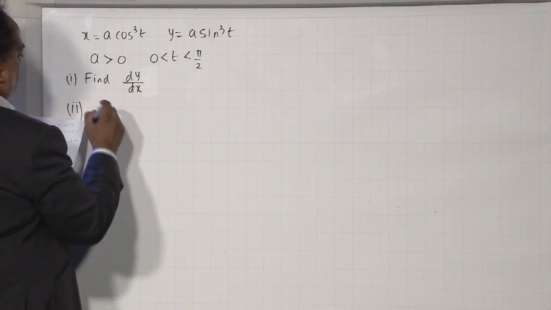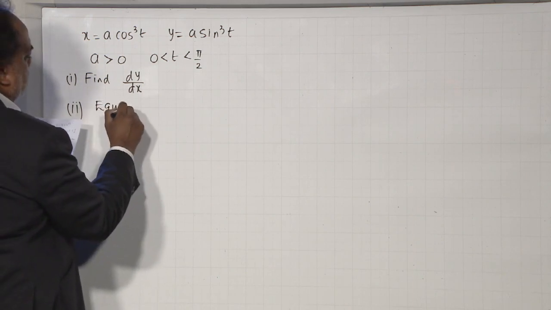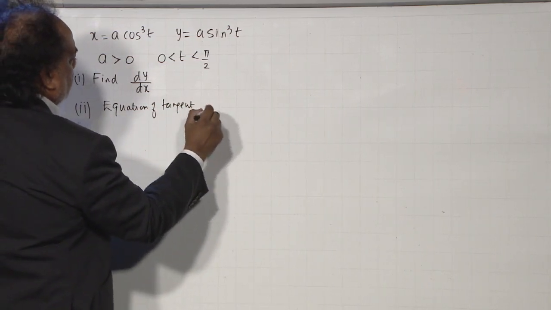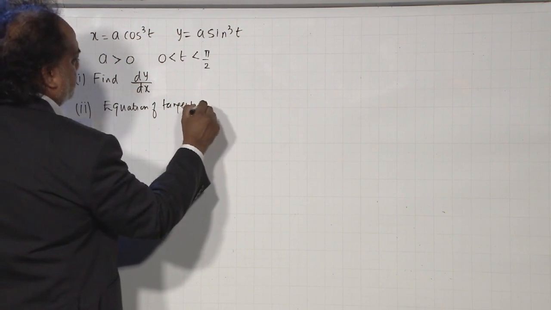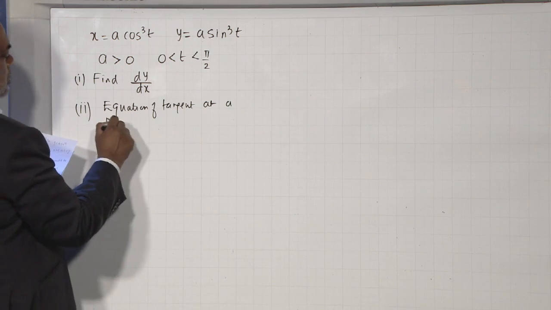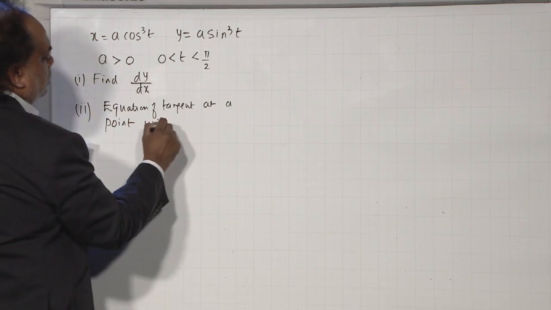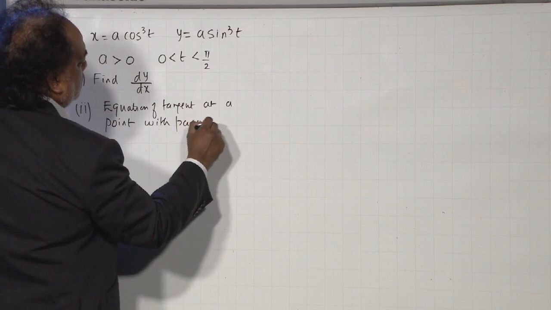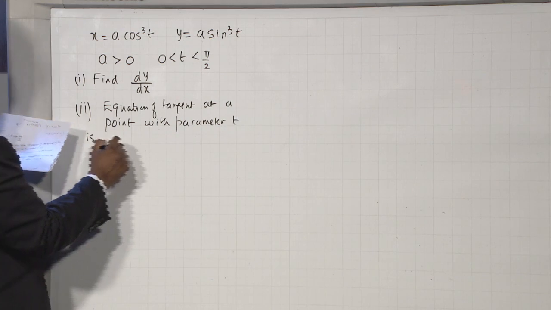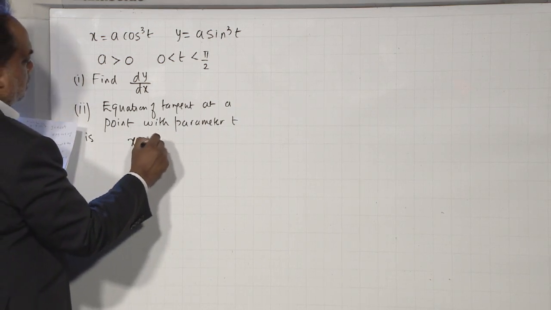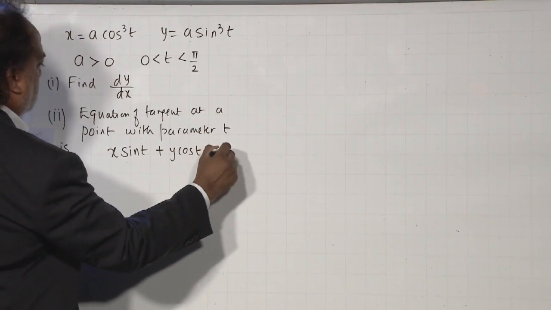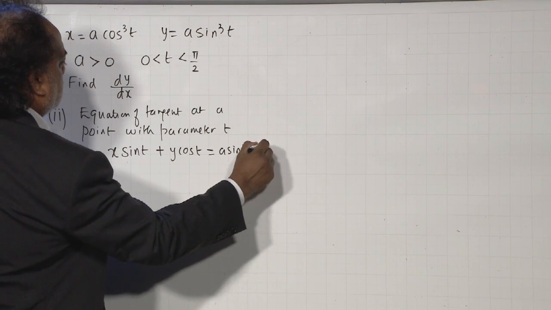Second, show that the equation of the tangent at any point with parameter t is x sine t plus y cos t equals a sine t cos t.